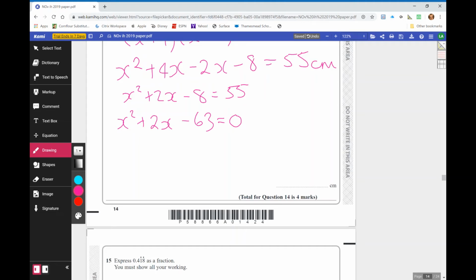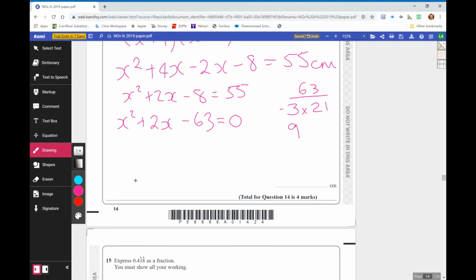So let's have a think about this. To get 63, you can do 63 divided by 3, so 3 times 21. Now, can you add them in any way to get 2? Obviously one of these would have to be minus, but either way, that's not going to get you positive 2.